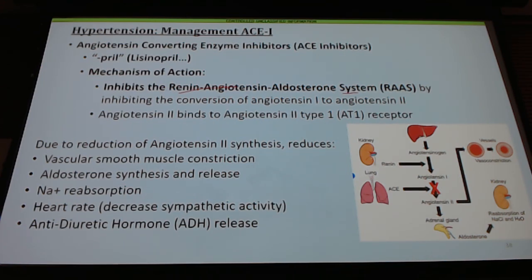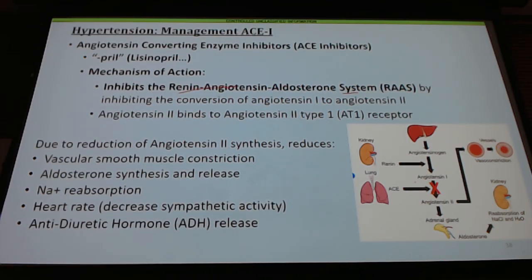Well, you can see the RAS system is a pretty complex system where you have really 4 organ systems working together to regulate your blood pressure, right? So it's not just one thing that goes wrong that leads to blood pressure elevations. This is a tightly regulated system. So if we're going to try to block this, we've got to make sure that we're blocking it at a level where you're actually going to have an impact.